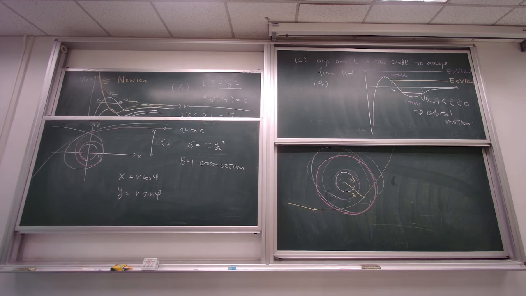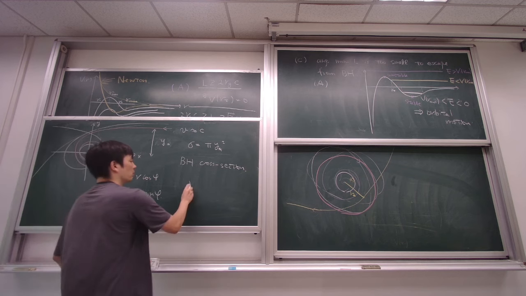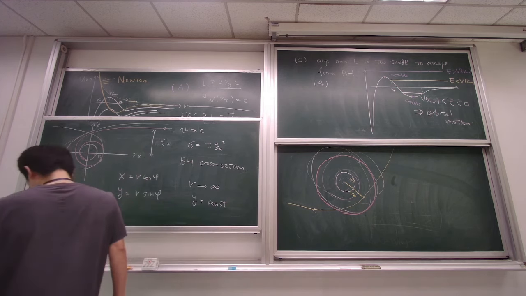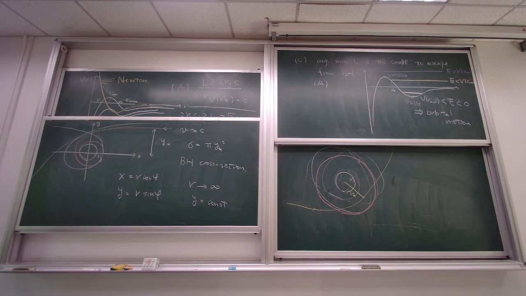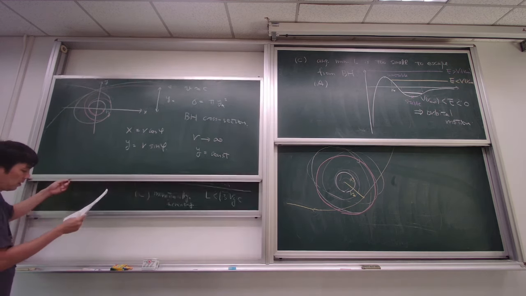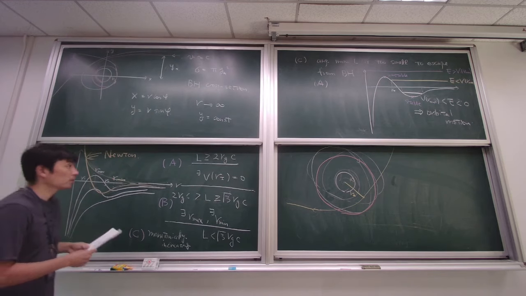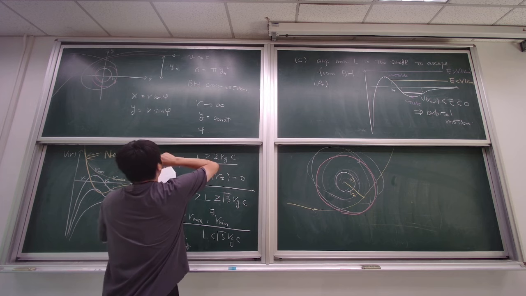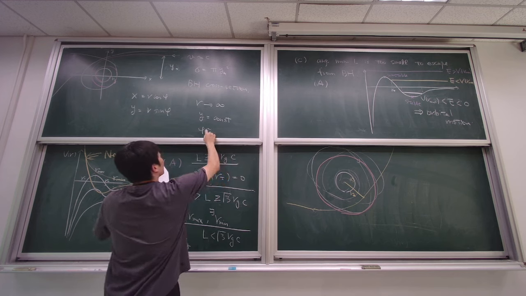When r goes to infinity, y becomes constant. So phi should be almost 0.